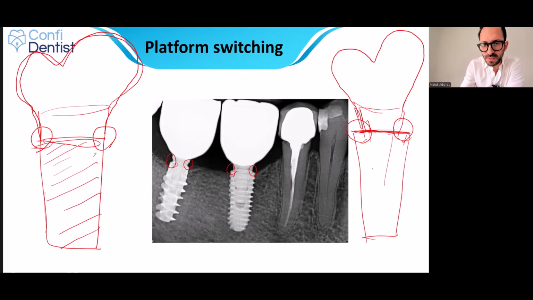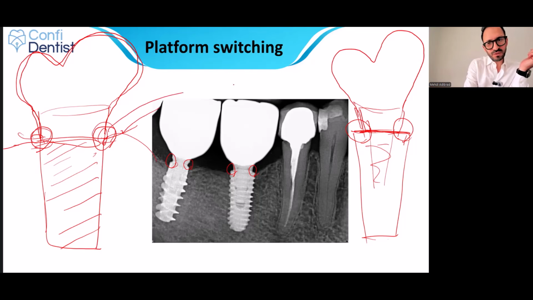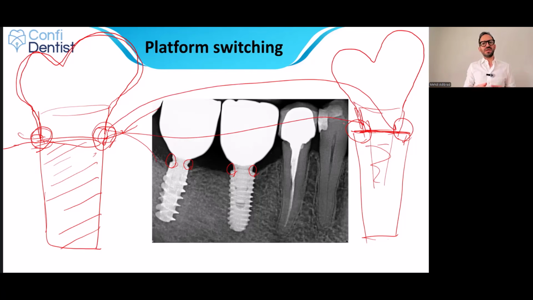You can go and read more about the idea behind platform switching. It is more about this micro gap. With platform switching, the micro gap moves away from the crestal bone. From here, the micro gap moves here, and the microbial pump that it may create moves away from the alveolar bone.